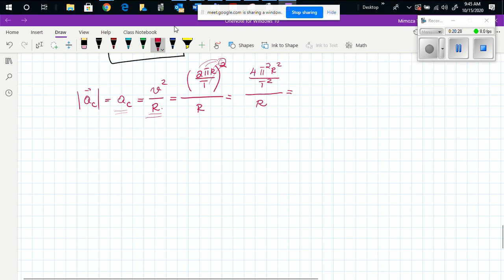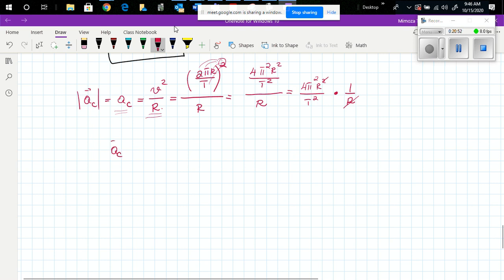And now what you have here is two fractions that are divided by each other. And when we divide two fractions, we keep the first fraction, convert dividing into multiplying, and we flip the other fraction. So now we can simplify r and r here.